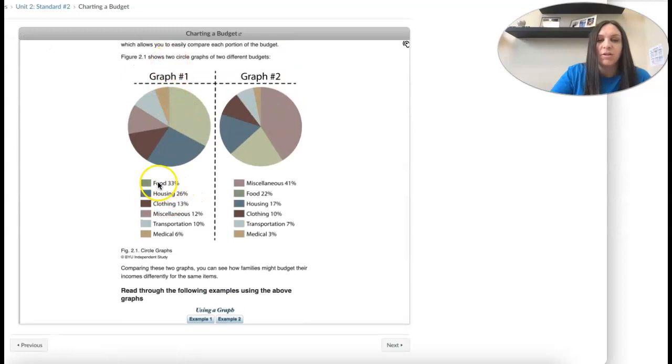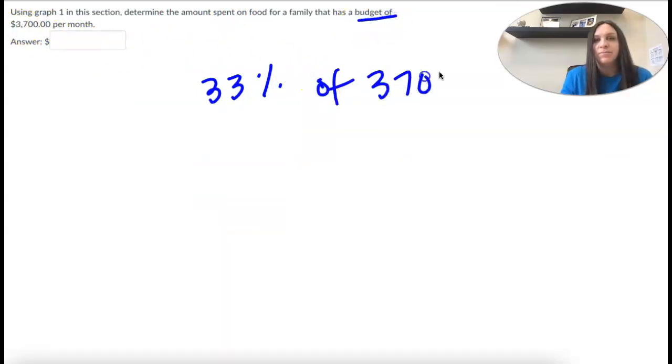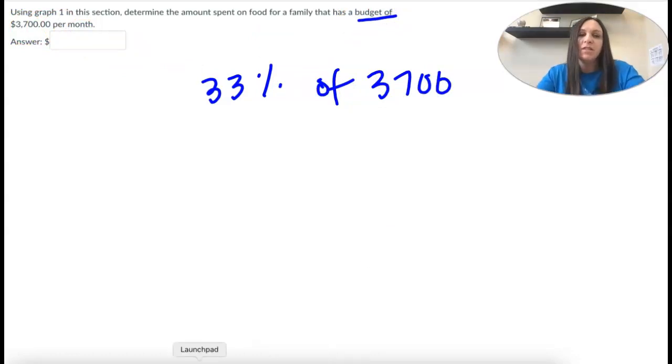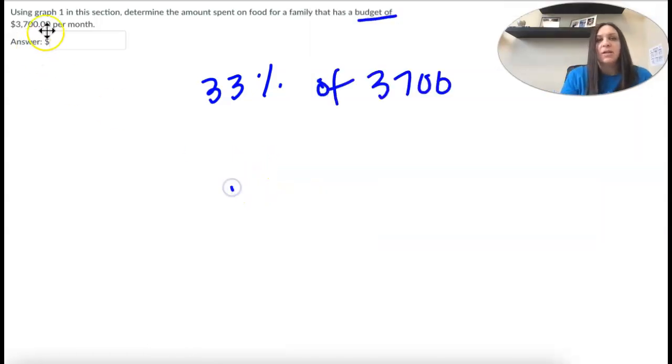Food is 33% of the budget. So 33%, and the budget is $3,700. So those graphs, you might just want to refer back to them or have a printout of them. Those are just percentages that we need to know. Okay, so that's $1,221. That's how much they're going to budget for food.